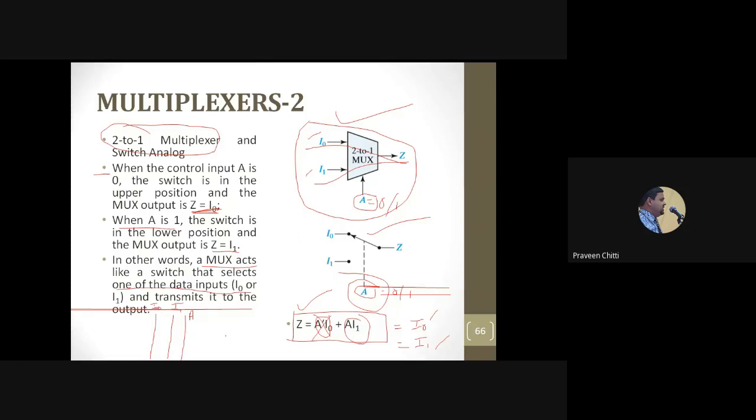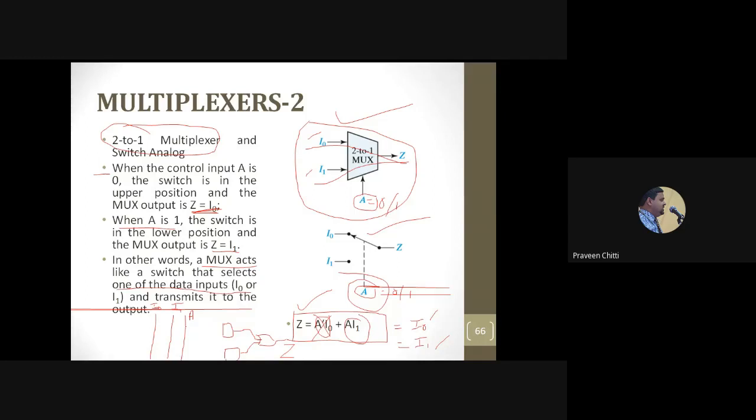Then to get the output Z, you need one AND gate, another AND gate, and then the outputs of these two AND gates should be given to an OR gate, like this, to get Z. Now what inputs do you need to give?